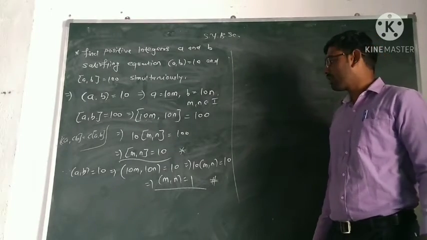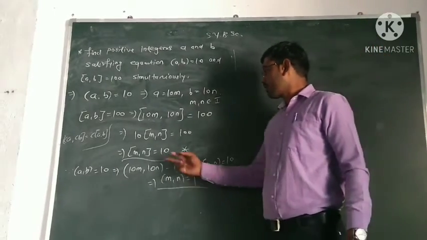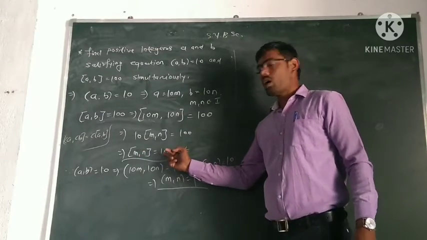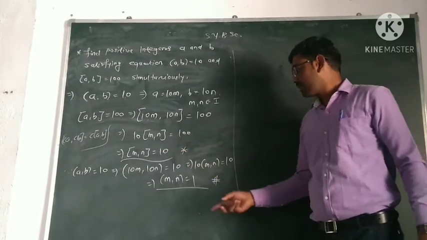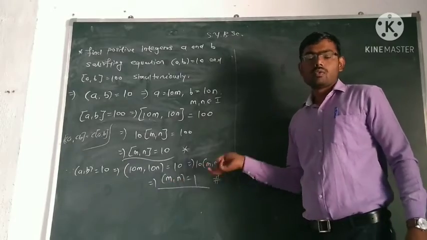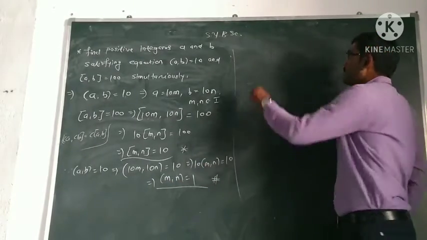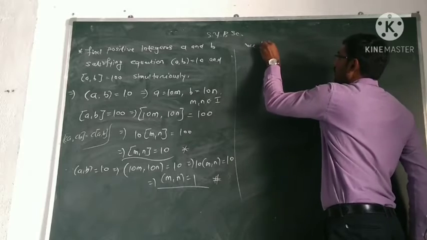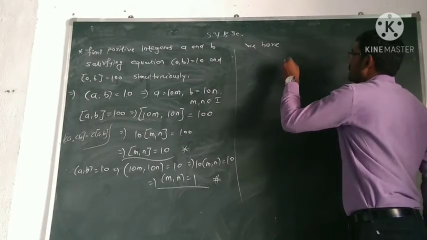So this equation and this equation are very much important. LCM is 10 of M and N, where M and N are integers and GCD is 1. We know the relation between GCD and LCM: GCD into LCM is always equal to the product.